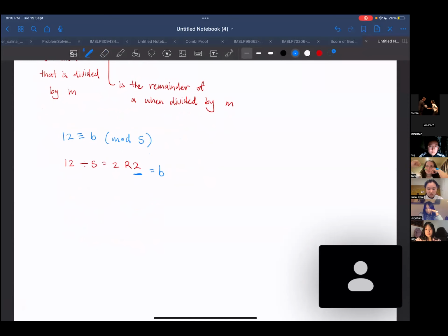So the next one, let's just say, what is 14 congruent? What is B if we have this? If mod is used in any other way, mod is just short for the modulus, so it does refer to the thing that you're dividing by.